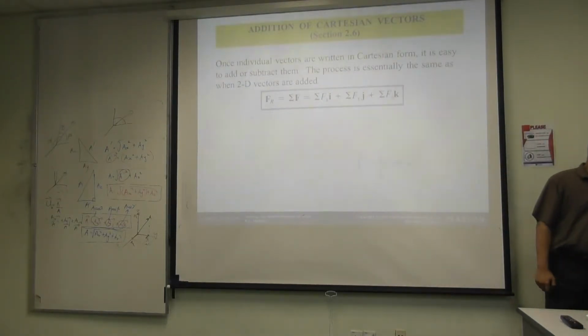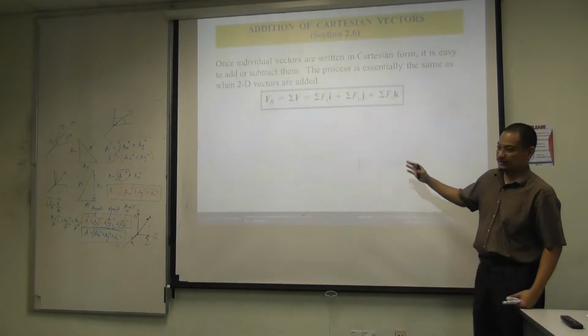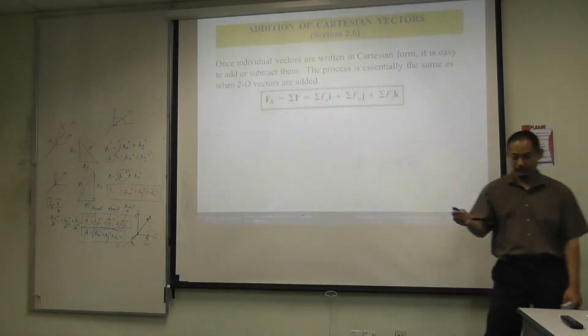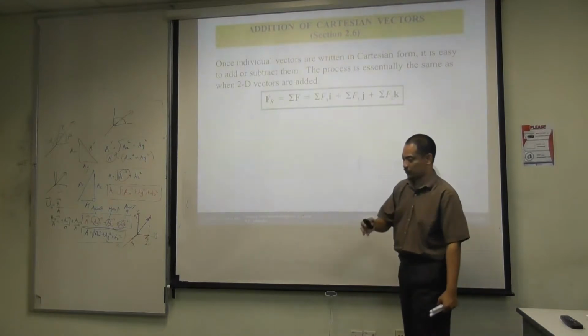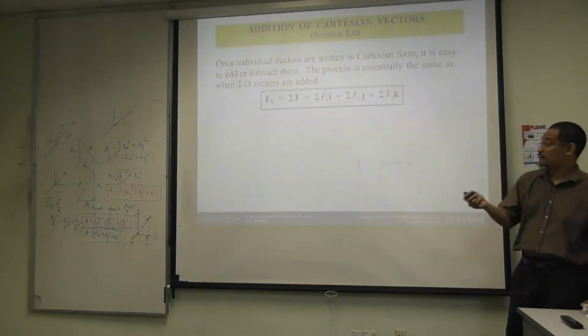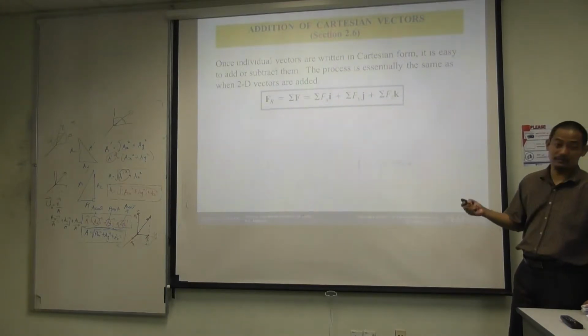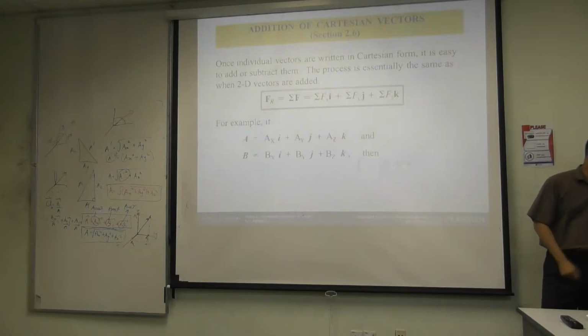Okay, addition of Cartesian vectors. So if you have understood the concept before, it's the same here, right? When you have them in terms of Cartesian vector form, X component, Y component, Z component, if you want to add multiple vectors, you just add each of the components and you get the resultant vector, right?